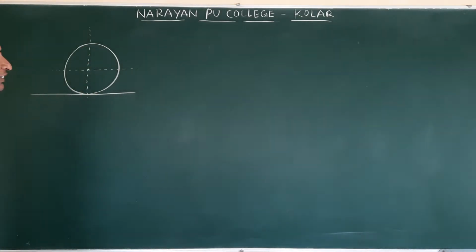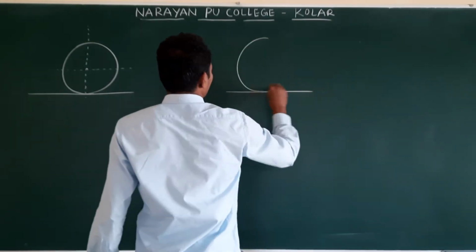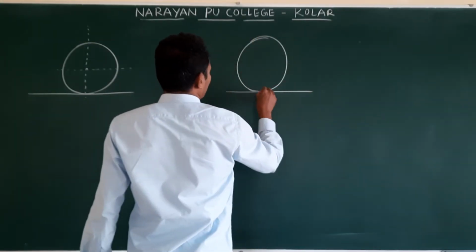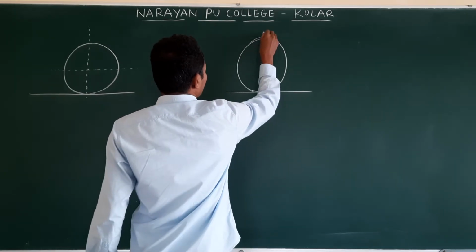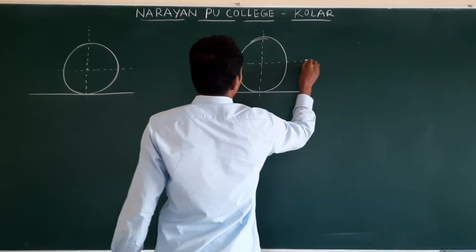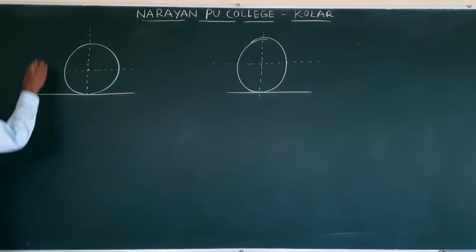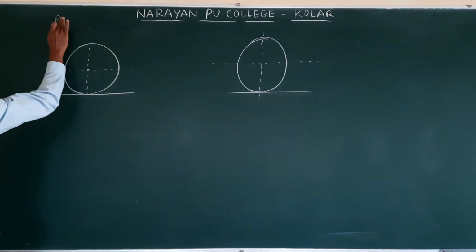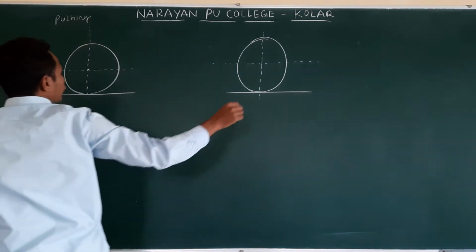I have drawn the x-axis and y-axis. And here, second case. Two situations I have taken: one is the pulling situation, another one is pushing. This is the first case, pushing. This is pull.